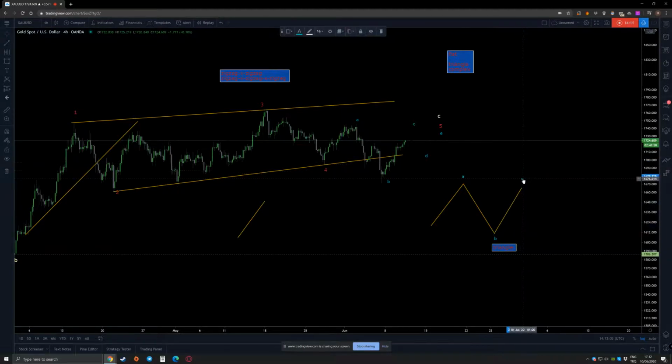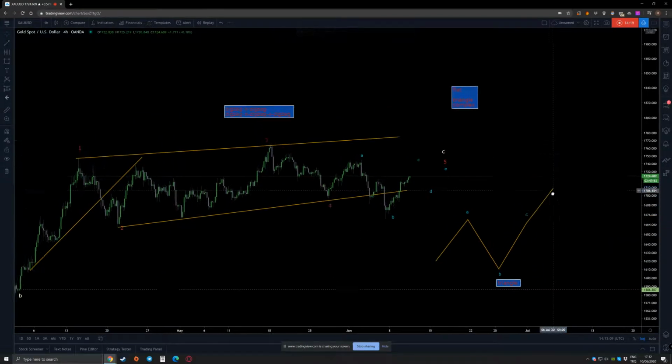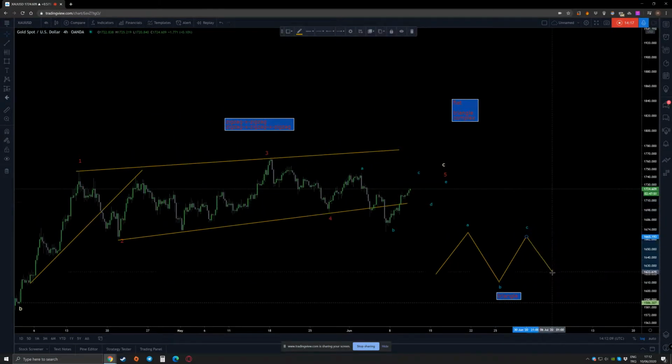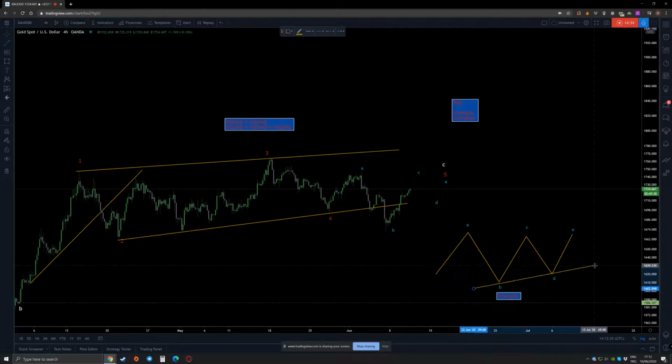So we have a C wave, and we have a D wave, something like this, and we have an E wave, maybe something like this. Now, if you have something like this, what I would do is wait for the B to D trend line to be broken.